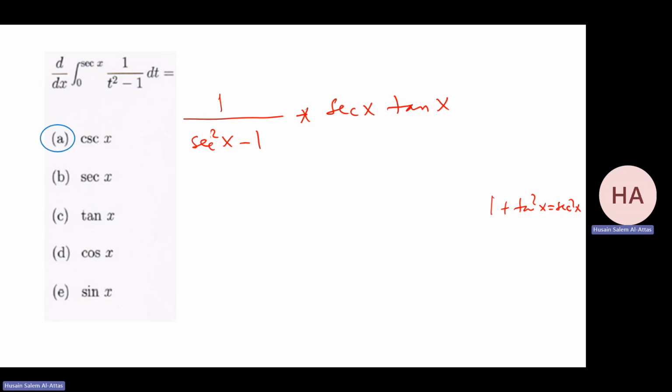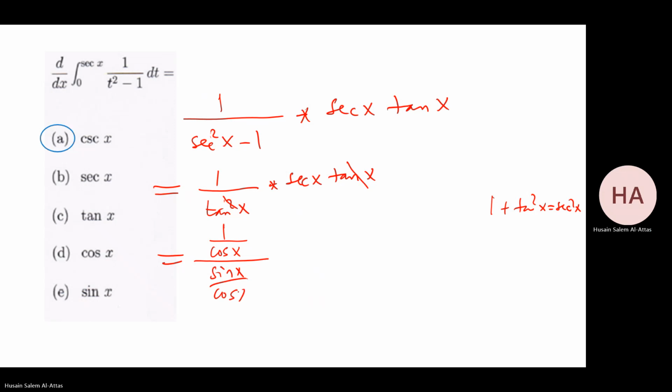So secant square minus 1, that will be 1 over tan square x times secant x tan x. So that will give me what? Secant over tan, which is 1 over cosine over sine over cosine. And that gives me 1 over sine, which is cosecant x.